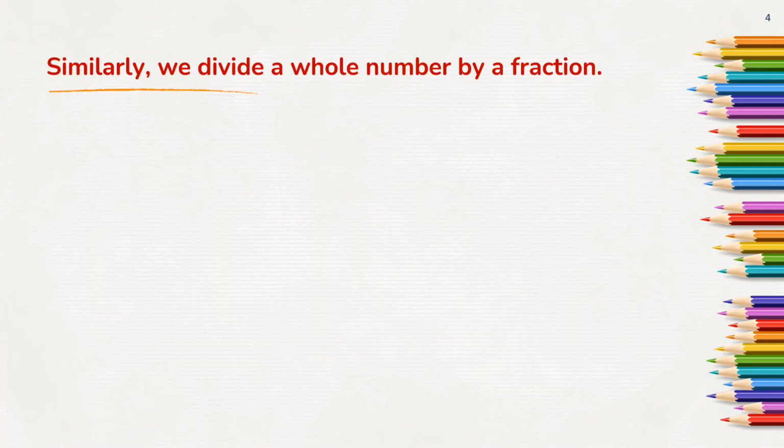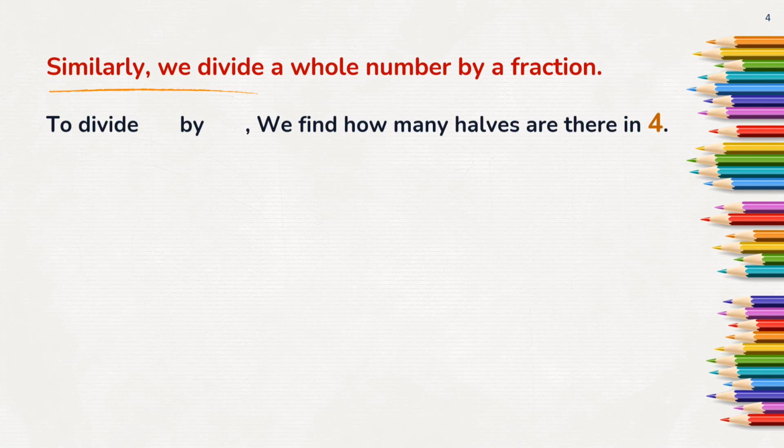Similarly, we divide a whole number by a fraction. See here. To divide 4 by 1 by 2, we need to find how many halves are there in 4. So when one whole is divided into two parts, each part becomes half. Halves is nothing but half.